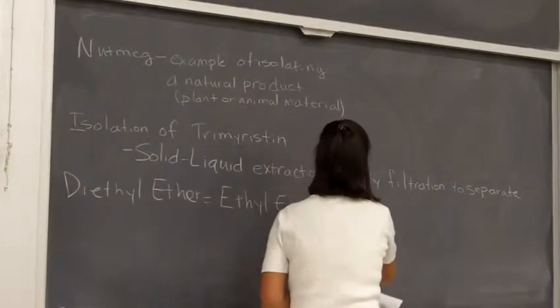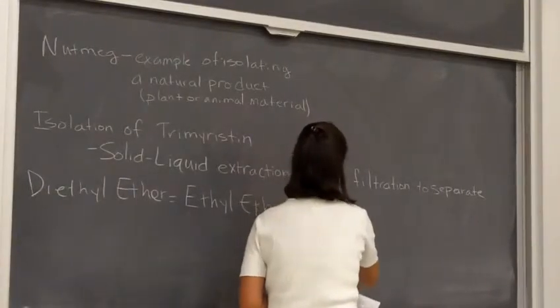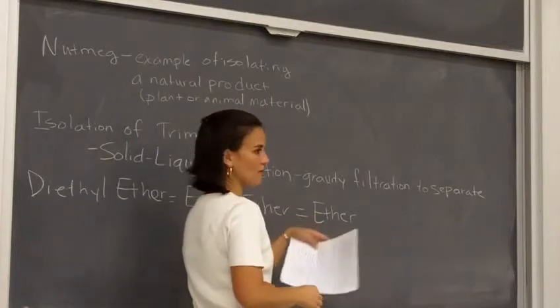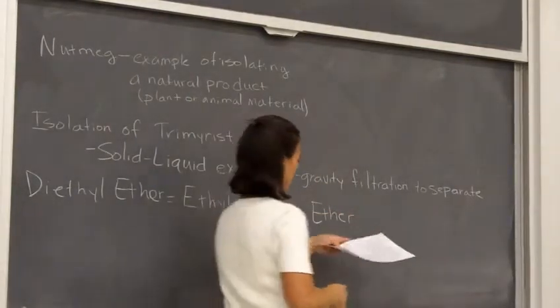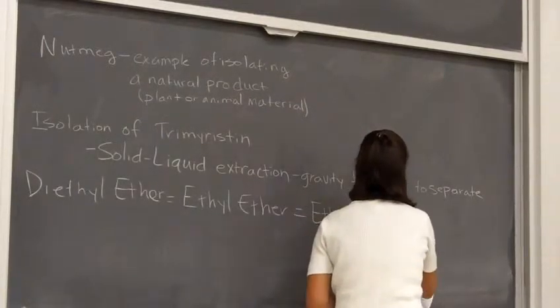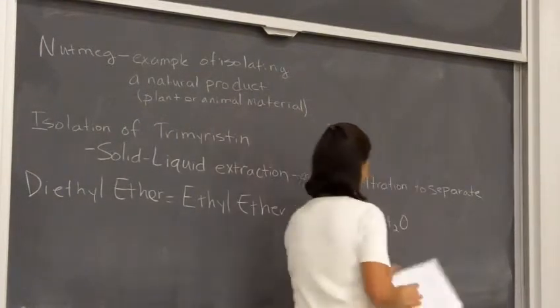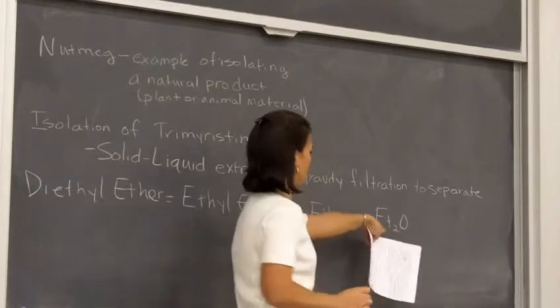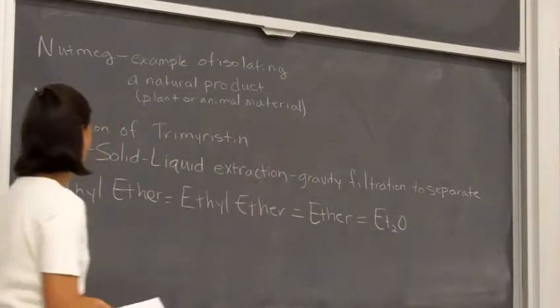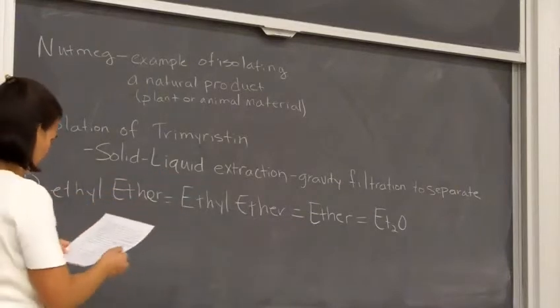It's also the same as ether, if you're not talking in general about the functional group, but saying you're going to use ether, that usually means you're using diethyl ether. Or you can show it symbolically as Et2O. So all of these are the same thing.